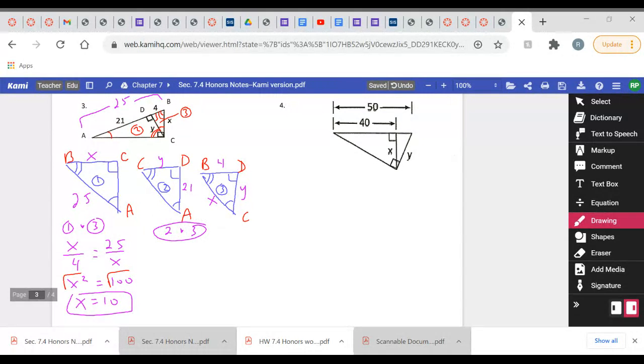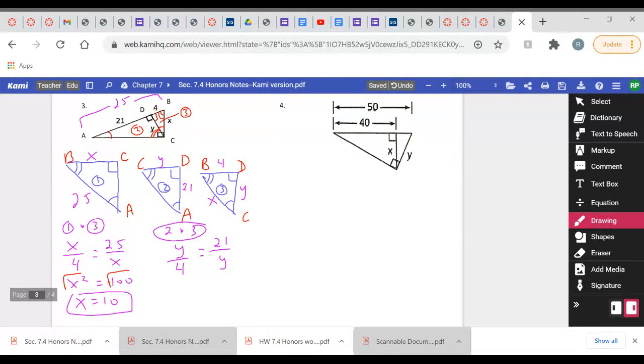Okay, so to do that, I can do y, which is CD of the medium-sized triangle, over BD, which is 4 for the little triangle, is equal to 21, DA for the medium triangle, 2, over Y, DC for the smallest triangle, triangle 3.